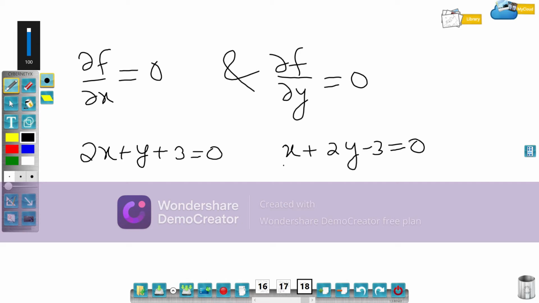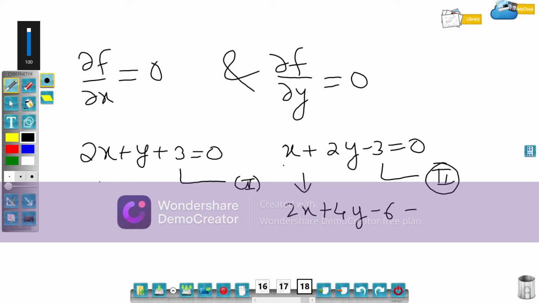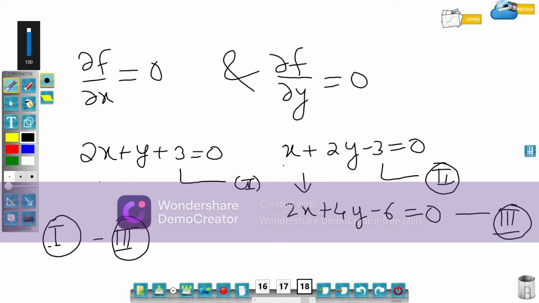If I solve this simultaneously, this is equation number 1, this is equation number 2. These are two simultaneous equations. You need to multiply one equation. Let's multiply this by 2. So 2x plus 4y minus 6 is equal to 0. Then subtracting, 1 minus 3 will give me the y value.